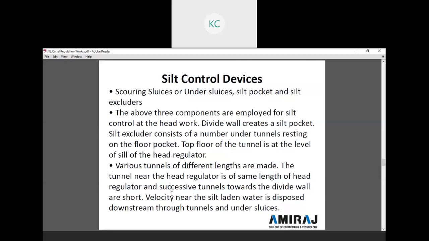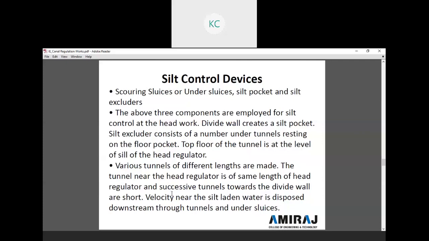So there are different kinds of work assigned to the different silt control devices like the scouring sluice, undersluice, silt pocket, and silt excluder. The scouring sluice and the silt pockets are constructed near the vicinity of the divide wall, which also catches the excessive amount of silt transmitted from the reservoir to the main canal.